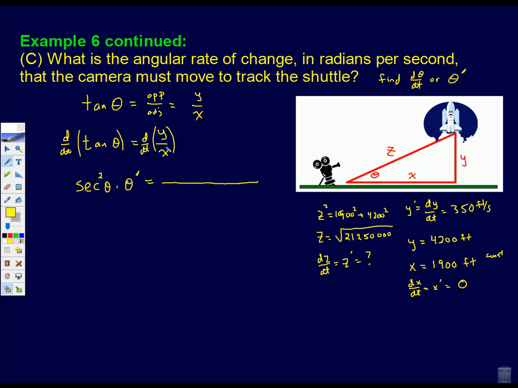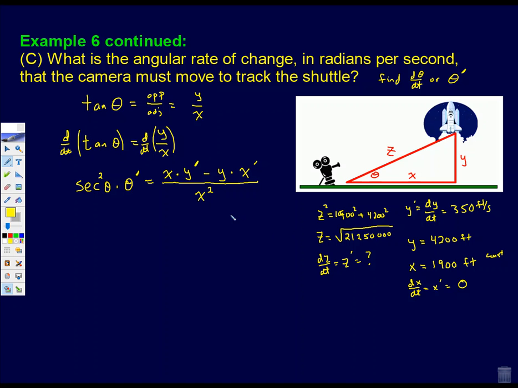Okay, so you're thinking low d high minus high d low all over the square of what's below. So low d high is going to be x times the derivative of y, and then high d low is y times the derivative of x, and then square of what's below is x squared.